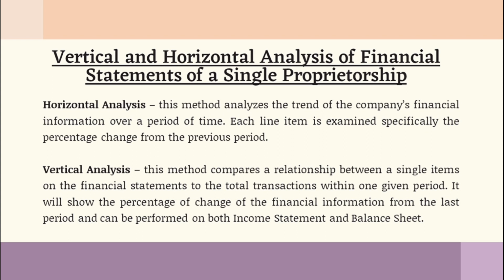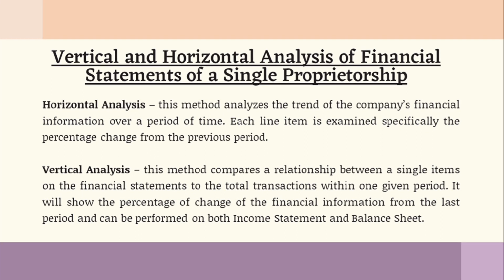Vertical and horizontal analysis of financial statements of single proprietorship. The financial health of a single proprietorship business is checked through analysis of financial statements using a lot of different methods. The most commonly used methods are horizontal analysis and vertical analysis. Horizontal analysis. This method analyzes the trend of the company's financial information over a period of time. Each line item is examined, specifically the percentage change from the previous period.